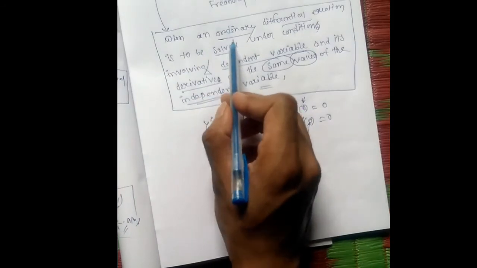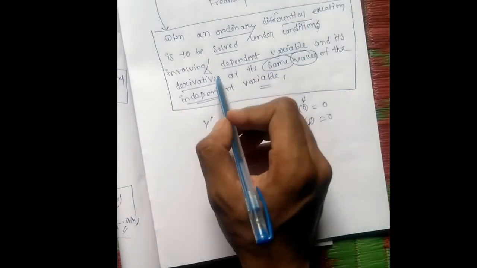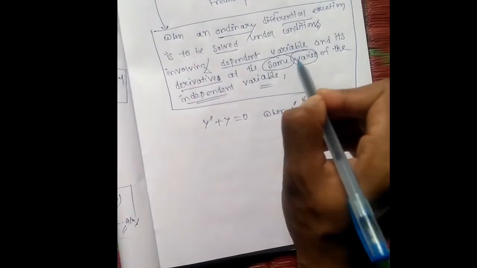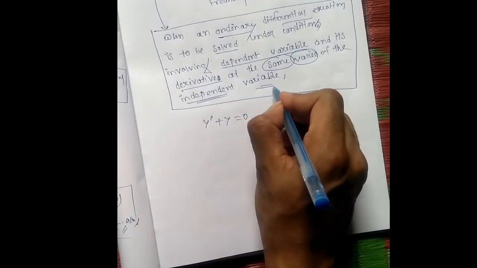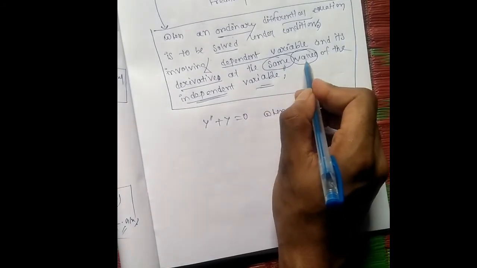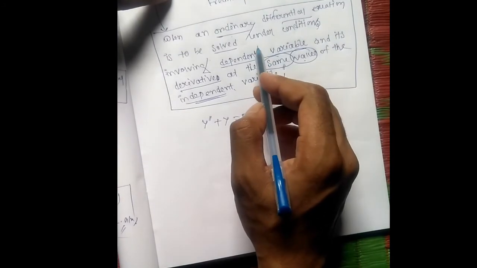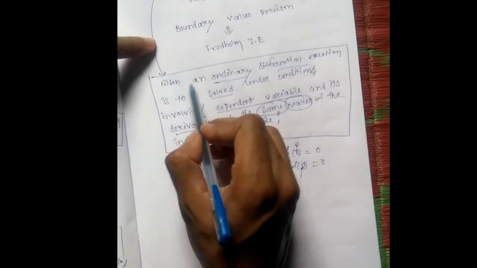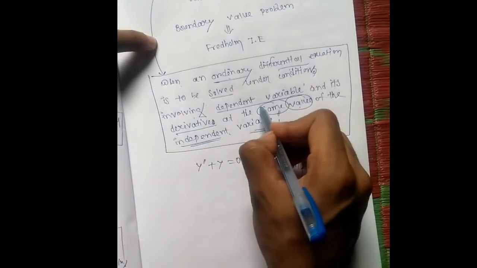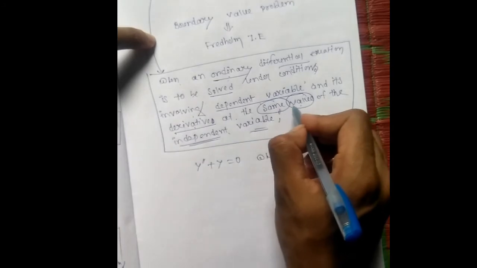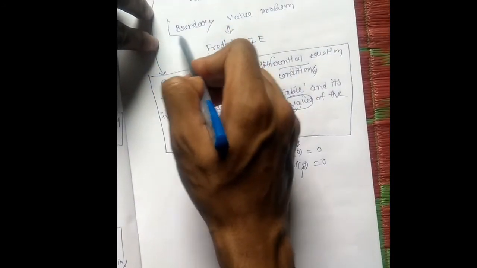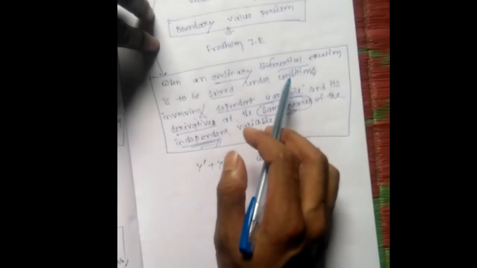When the conditions are at different values of the independent variable, this is called a boundary value problem. When an ordinary differential equation is to be solved under conditions involving the dependent variable and its derivatives at different values of the independent variable, the problem is called a boundary value problem.